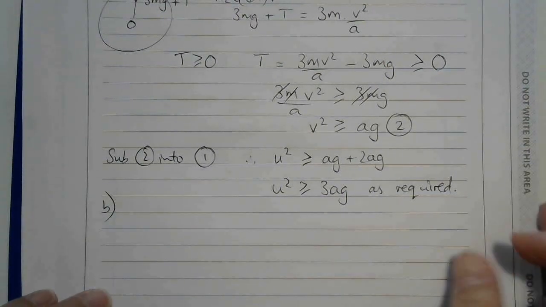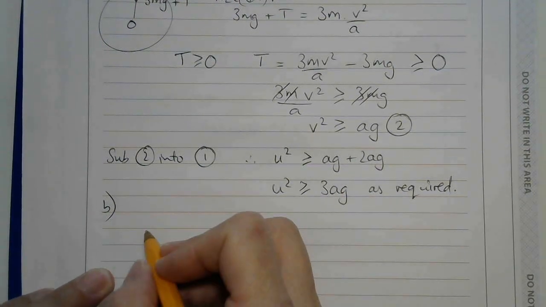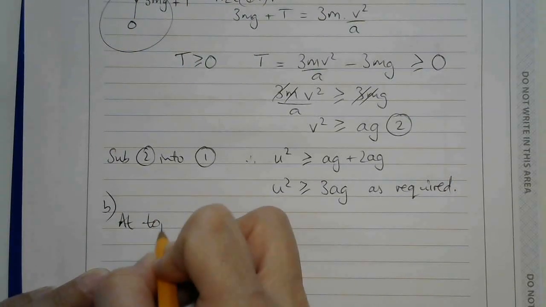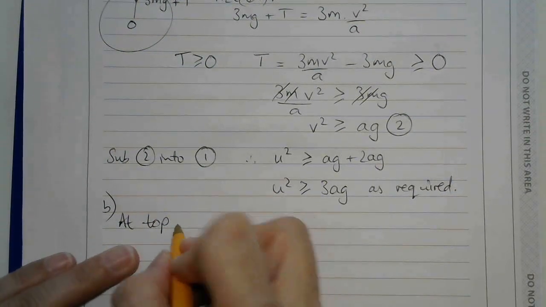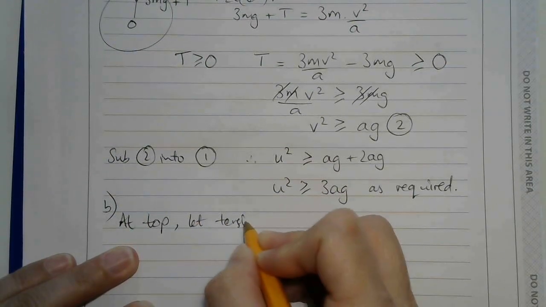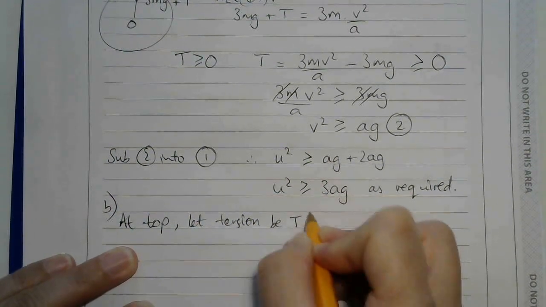So let's say at the top, where the tension is the least, let the tension be T dash.